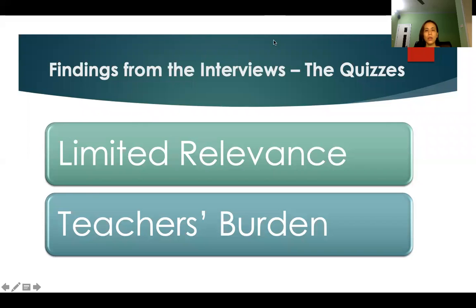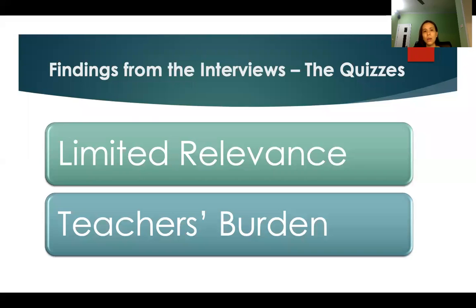However, they said that quizzes provoked some drawbacks, including limited relevance, because teachers designed the quizzes themselves. So the difficulties and complexity of the quizzes depend on teachers' approaches and perceptions on the assessment method.